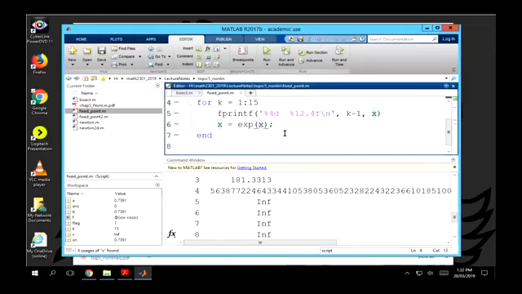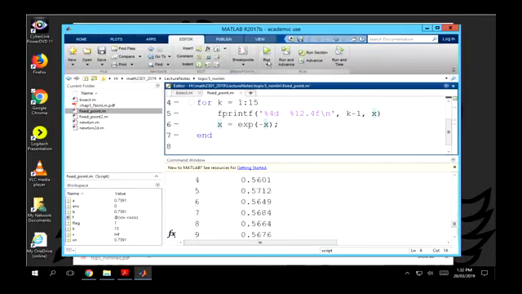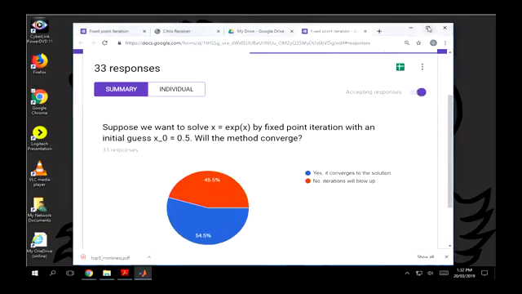If I put minus x and run it, it's stable, 0.56. If I change it to plus x, it just becomes infinity. So there is some condition that has to be met before you can use this method, and that is the next slide.